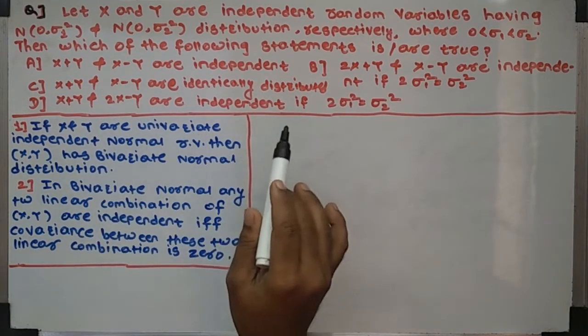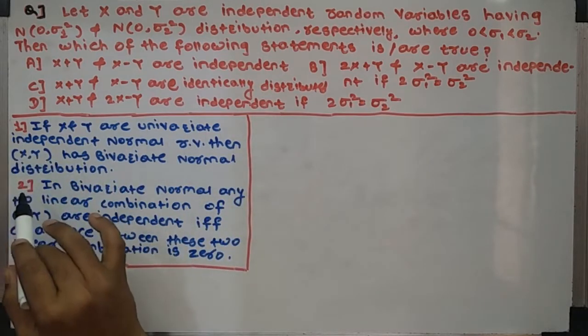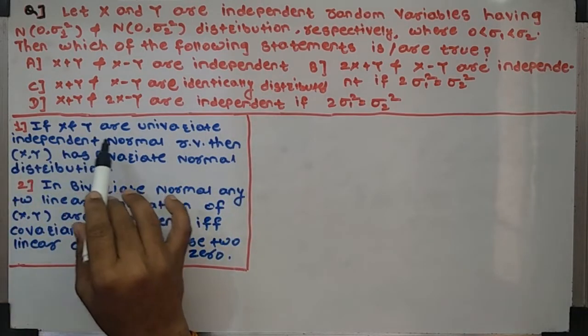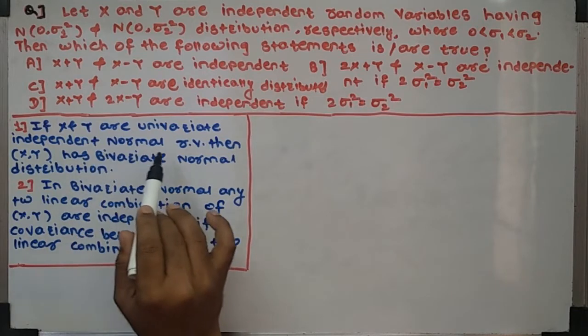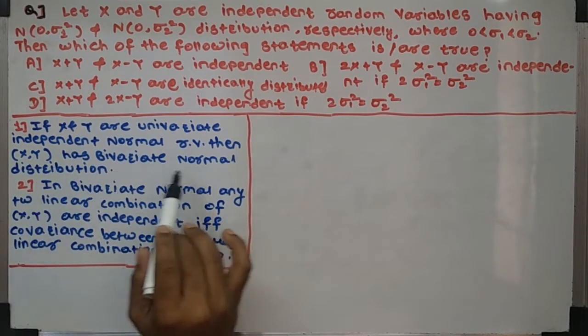To solve this question, we need to remember these two results. First, if X and Y are univariate independent normal random variables, then (X, Y) has a bivariate normal distribution.